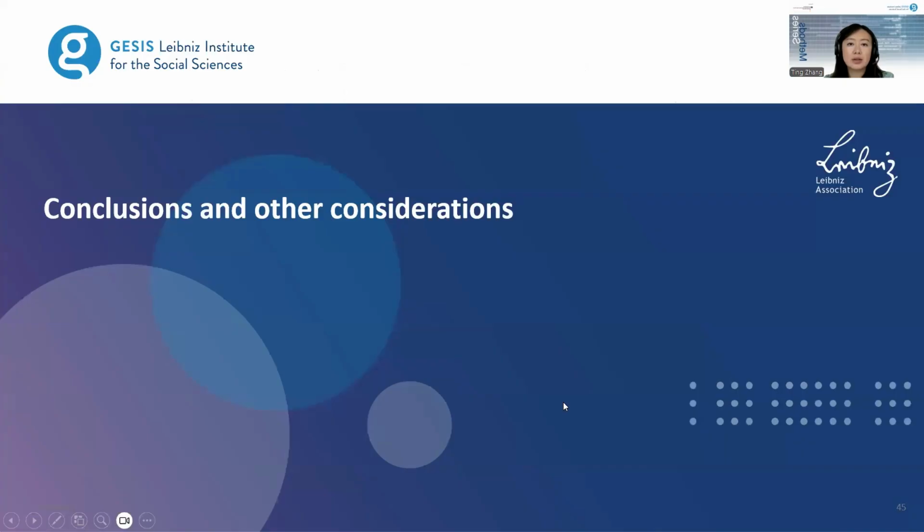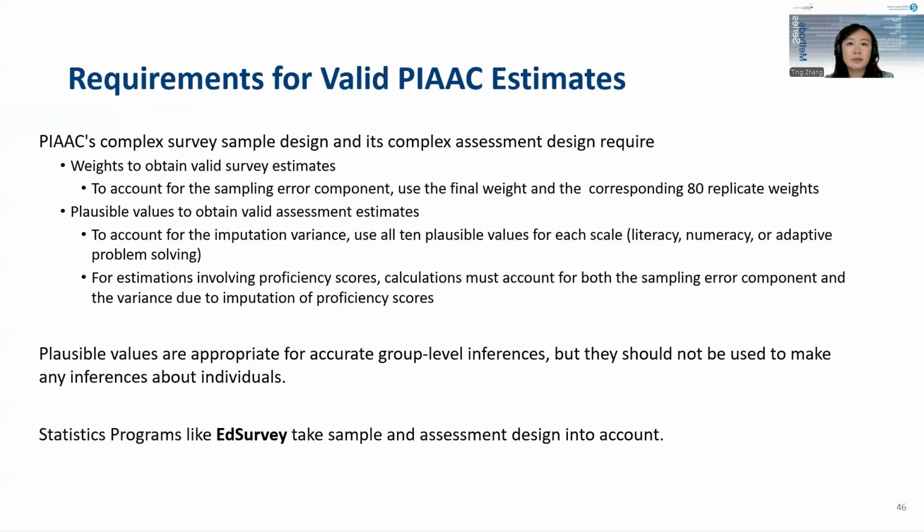All right, conclusions. When we conduct PIAAC analysis to obtain valid PIAAC estimates, we need to take into consideration the PIAAC complex survey sampling design and their complex assessment designs.